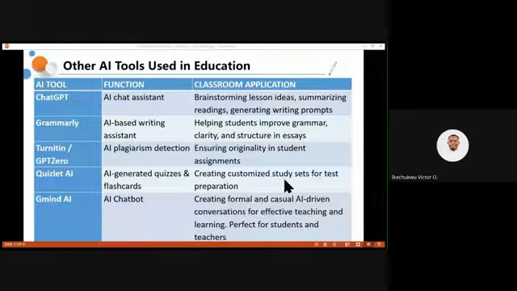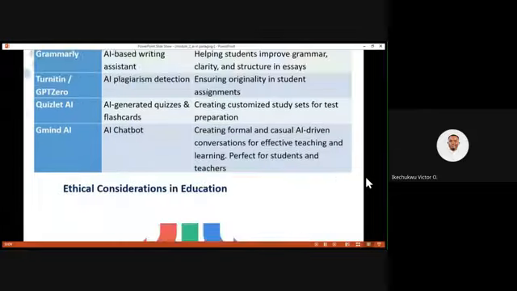It creates flashcards, and you could tailor the quizzes based on whatever topic you are trying to create. And yes, we have Gmind AI. It's also an AI chatbot that creates formal and casual AI-driven conversations for effective teaching and learning, and it's perfect for students' and teachers' conversation.